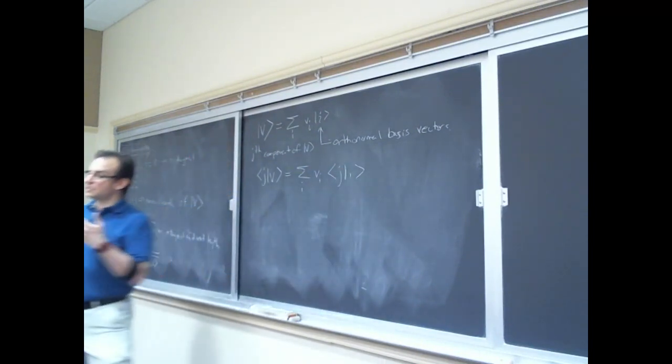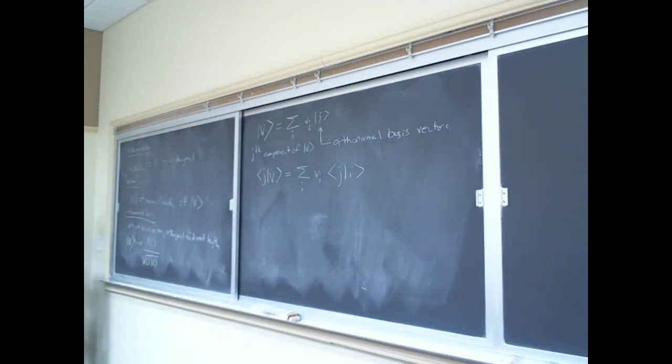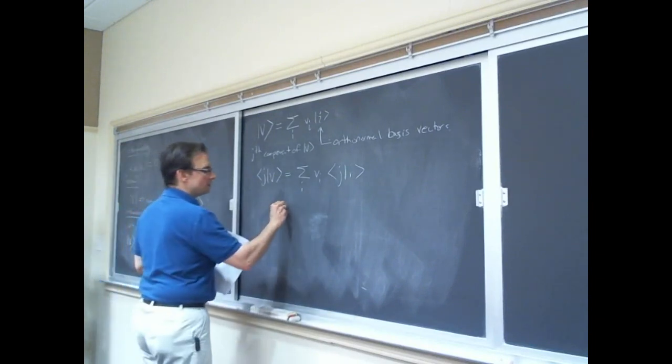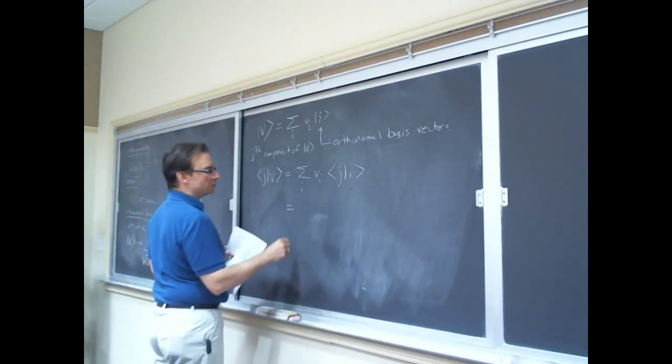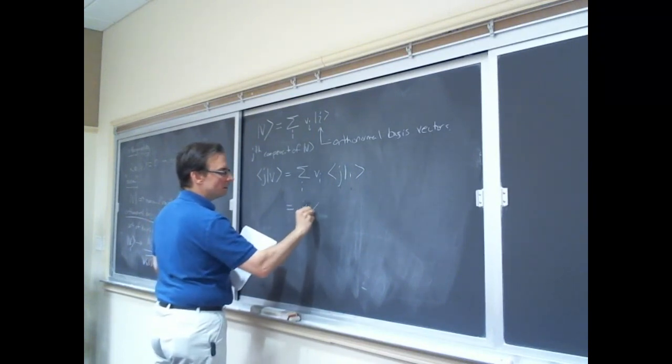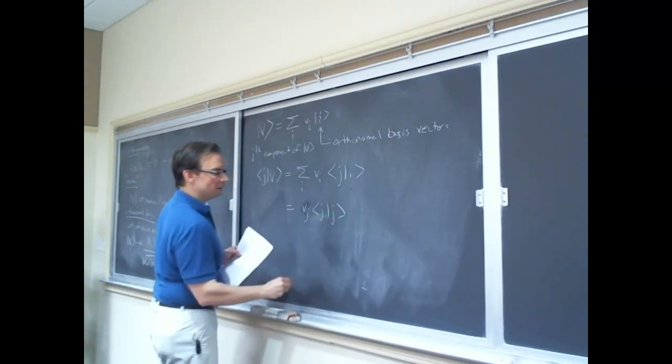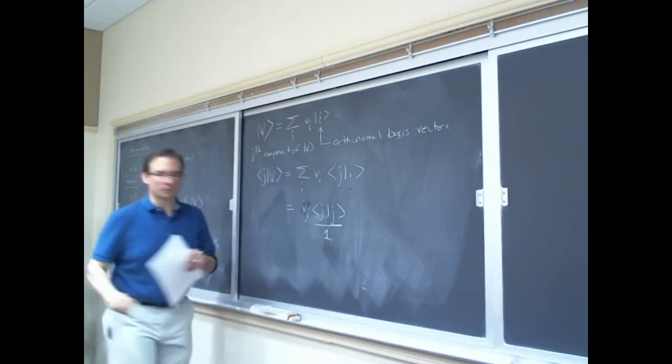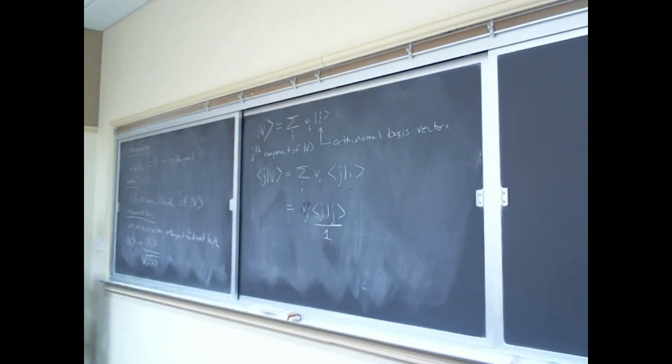Now, because these are orthonormal vectors, the only time that inner product won't vanish is when i is equal to j. So we pick out v_j, and this is just 1, since these were defined to be orthonormal basis vectors in the first place.